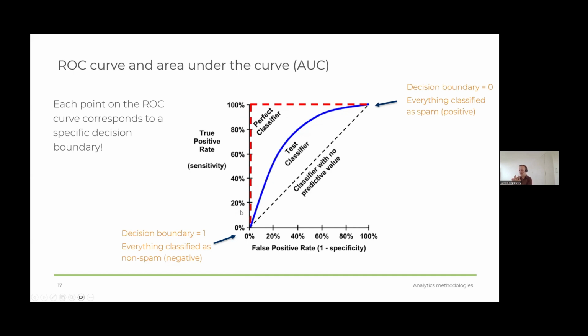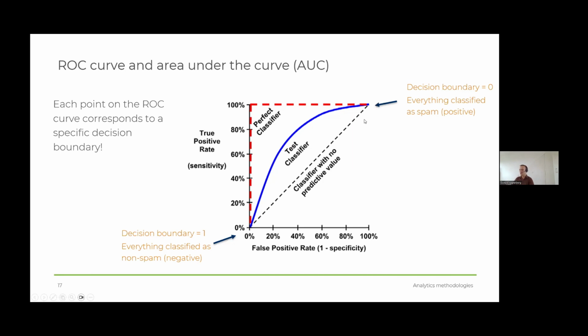And this perfect classifier line basically says, if I just change my decision boundary to, let's say, 99.99%, and it starts classifying everything as spam, meaning that the model is very, very sure on its predictions. And that's why the perfect classifier basically jumps to 100% directly and then stays at that 100% here.